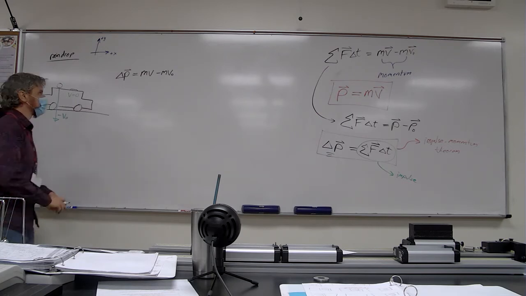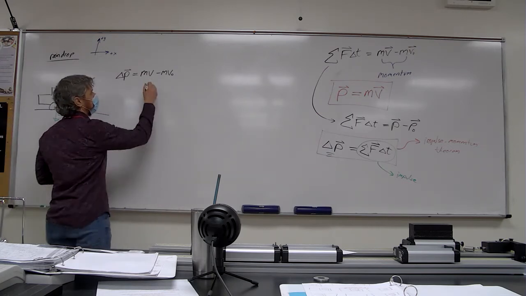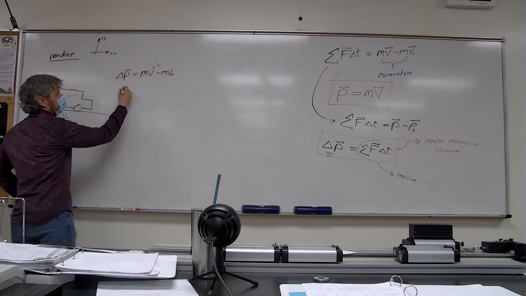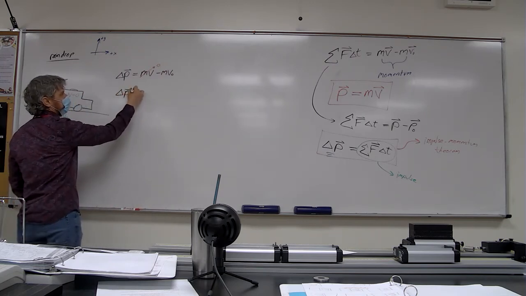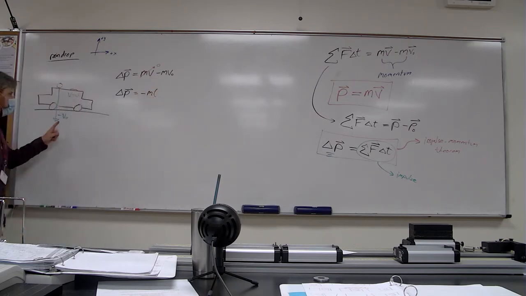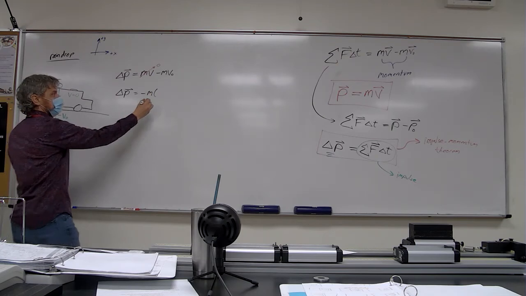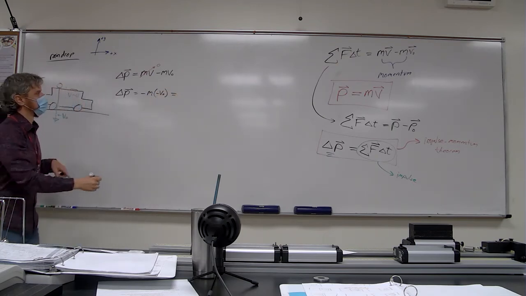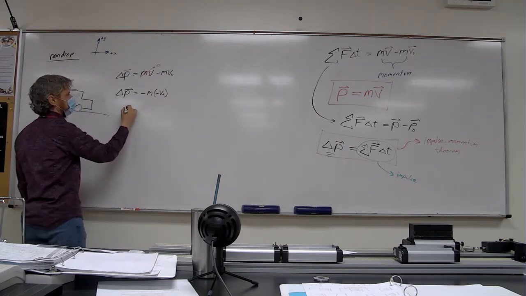What's my final velocity? 0. And so my change in momentum is going to be 0 minus m times negative v naught. What's negative m times negative v naught? Positive m v naught.